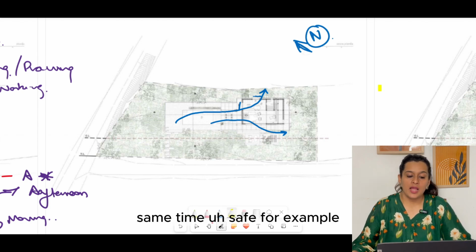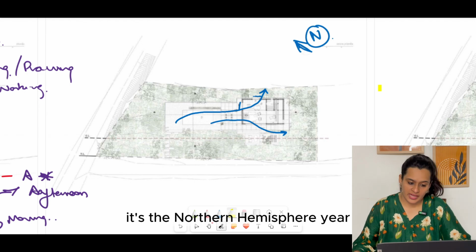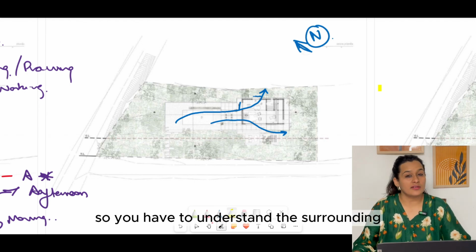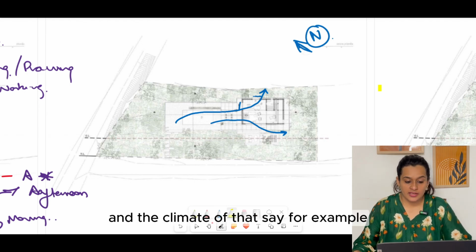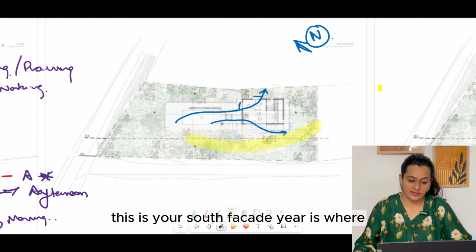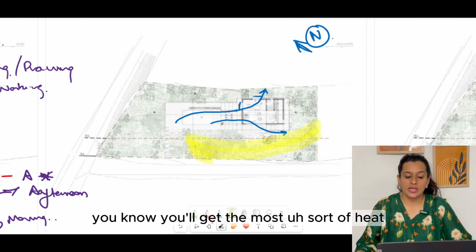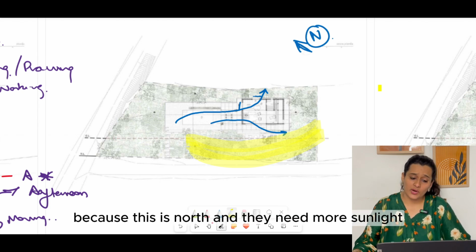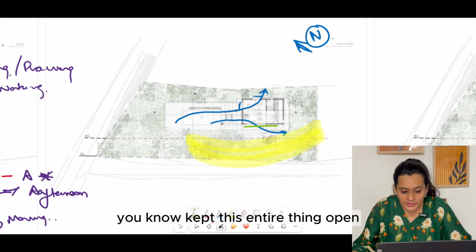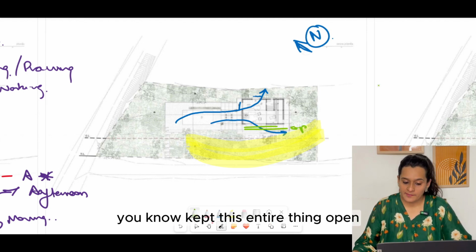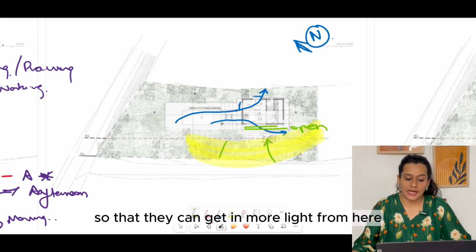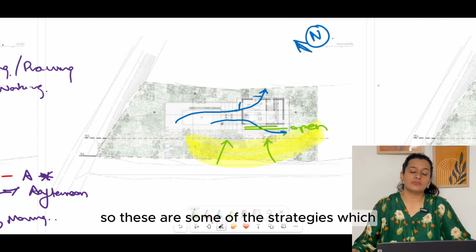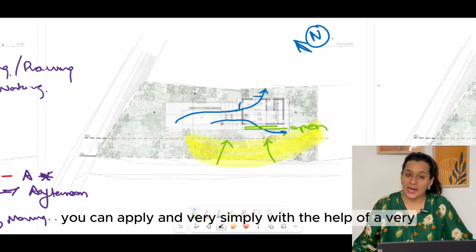At the same time, say for example it's the northern hemisphere here, so you have to understand the surrounding and the climate of that. Say for example this is your south facade, here is where you'll get the most heat. So that is the place, because this is north and they need more sunlight. That is the reason they have kept this entire thing open, so that they can get in more light from here.